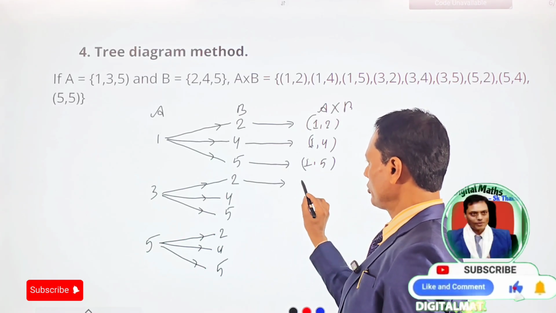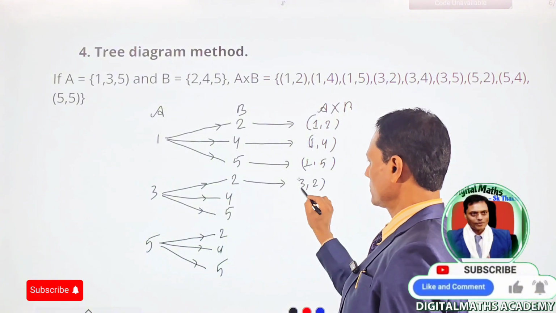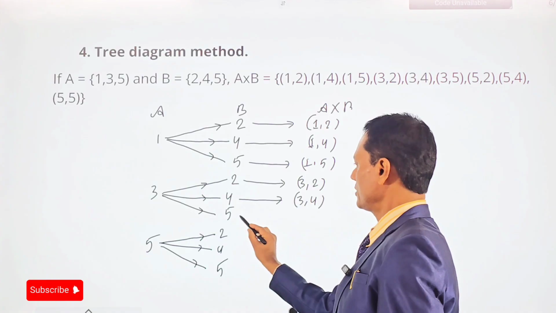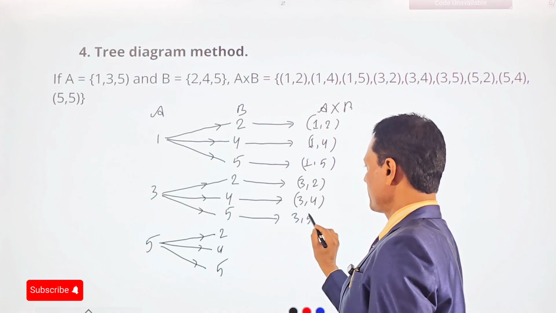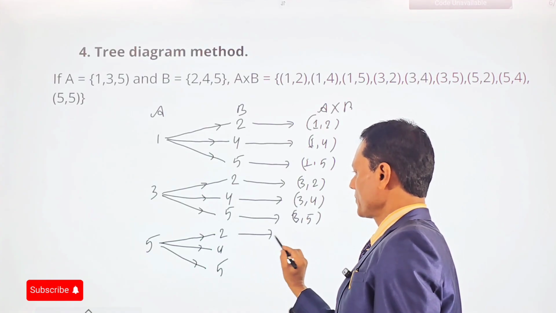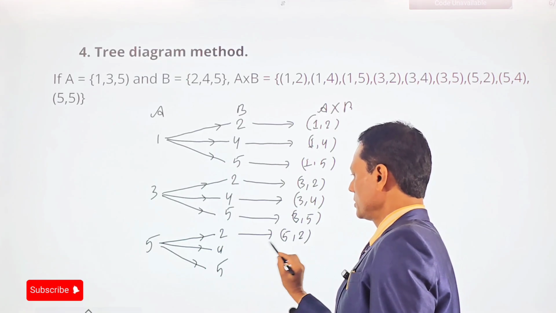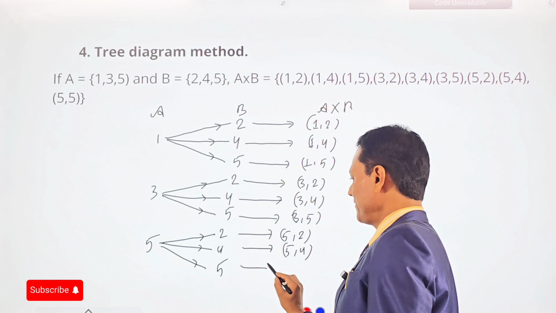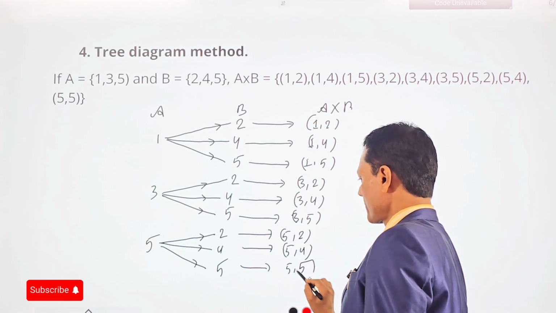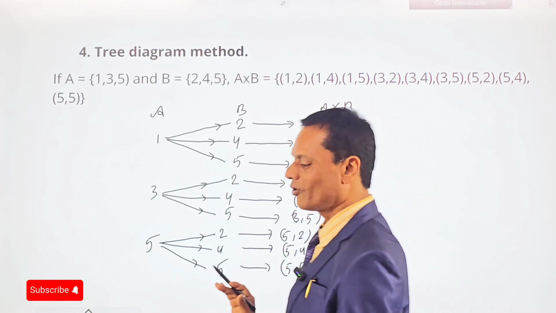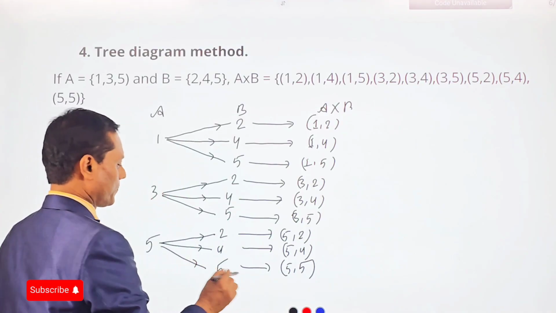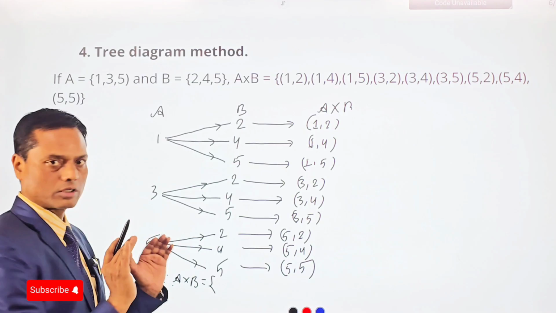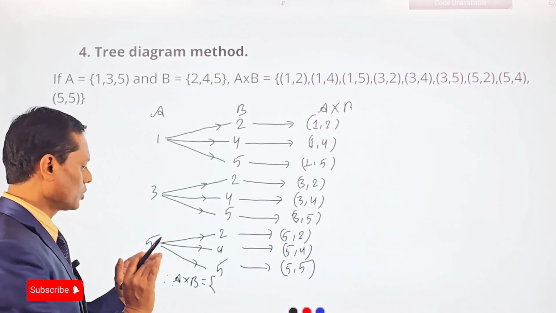Likewise 3, comma 2. Here 3, comma 4. Here 3, comma 5. Similarly 5, comma 2, 5, comma 4, and 5, comma 5. And after that, not to forget to write, therefore A cross B equals, we have to write all the ordered pairs inside the curly brackets because it's a set.